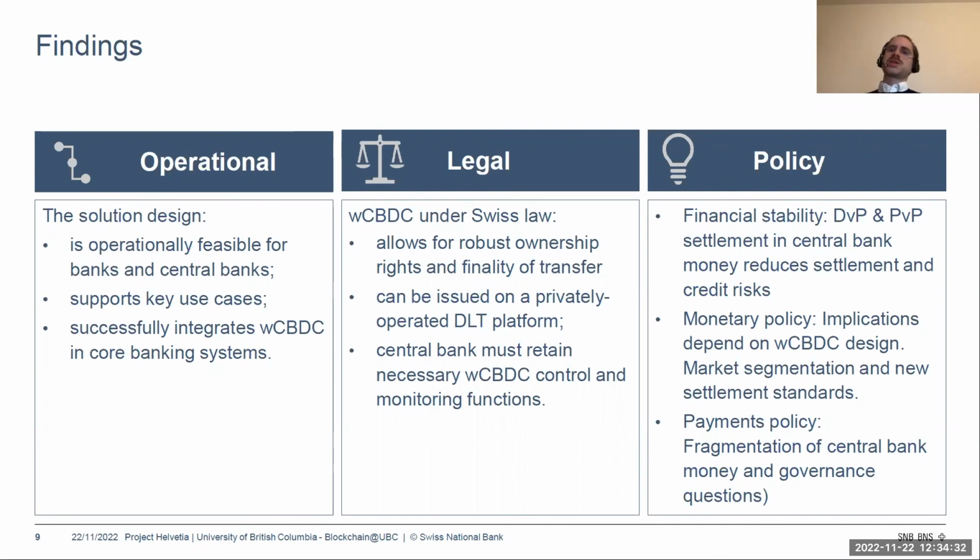The key use cases, delivery versus payment, worked well. And we were able to integrate the wholesale CBDC into the core banking systems, both of commercial banks, but also our own system.